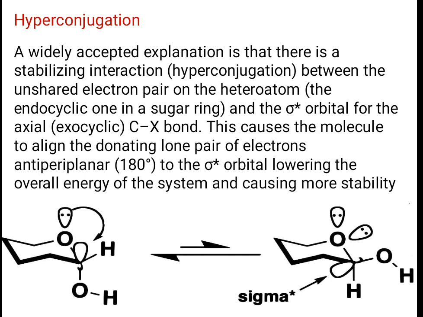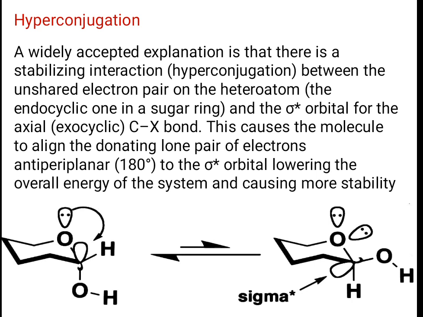That means there is some hyperconjugation from this oxygen lone pair to the sigma star of this carbon-oxygen bond. This causes the molecule to align the donating lone pair of electrons anti-parallel to the sigma star orbital, lowering the overall energy of the system and causing more stability.